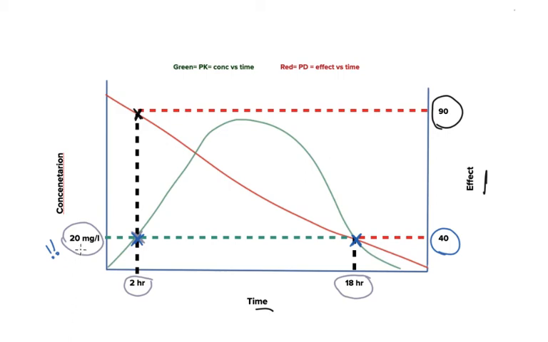If we increase the dose here, that might increase the concentration, and that can lead to some adverse effect or toxicity, and vice versa. So we can't depend on only one of them in dose adjustment or dosing management. We need to consider the relationship of these two for better dosing regimen management.